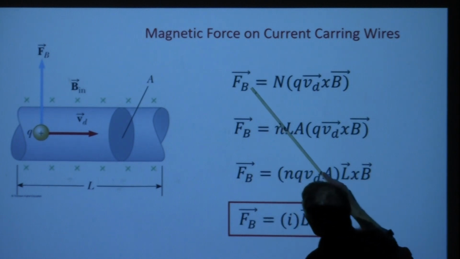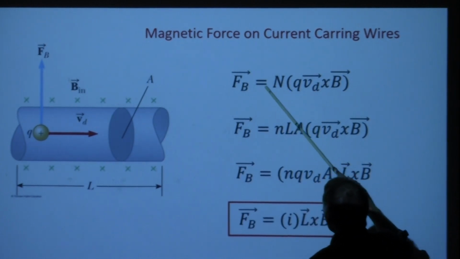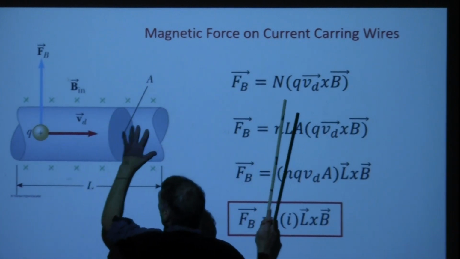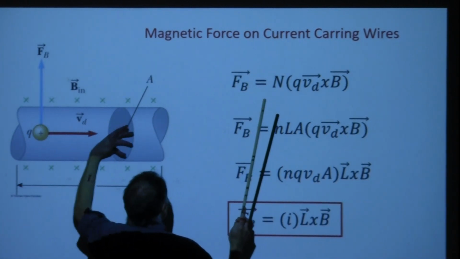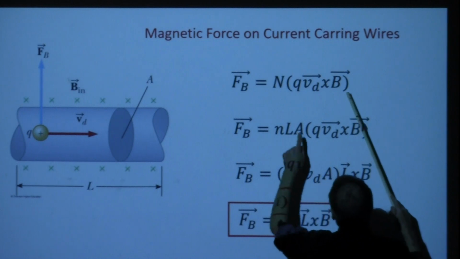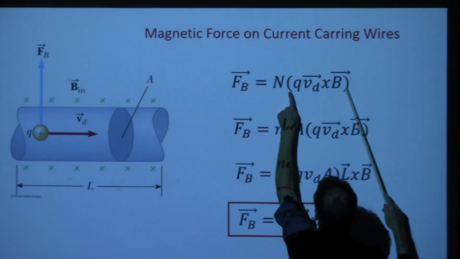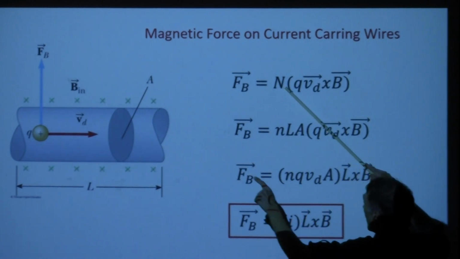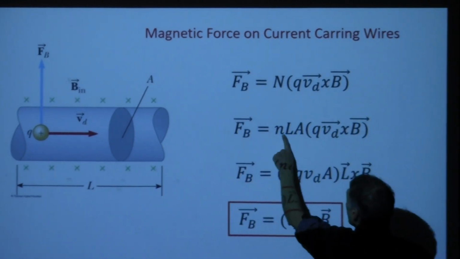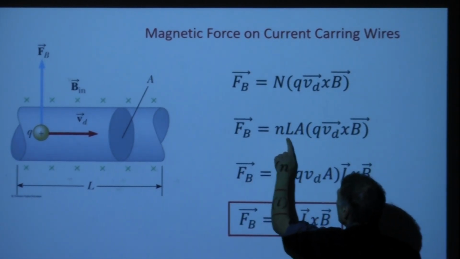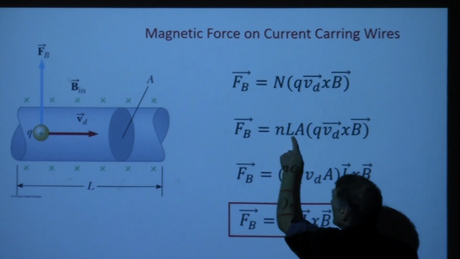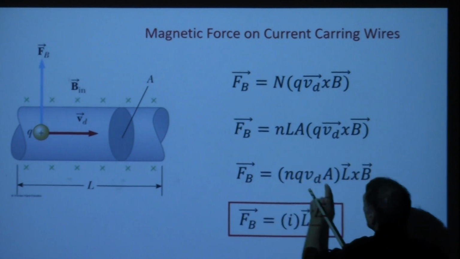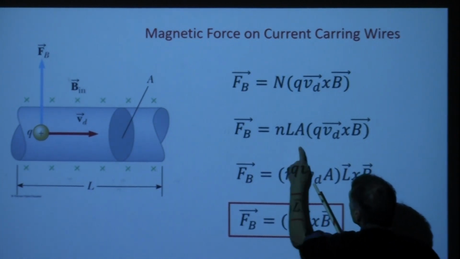So we can say, okay, that magnetic force is equal to N, where big N represents the total number of charges that are in motion here, times the force on an individual charge. Now we can get the number that are in this section of wire. That would be the number density times the volume of the wire. The length of the wire times the cross-sectional area would be the total number.